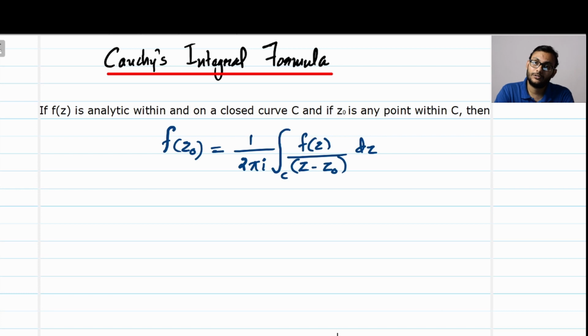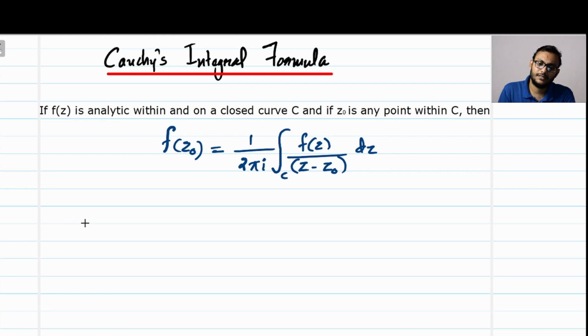But if we want to find the value of that function at a particular point within C, we can use the Cauchy's integral formula. And also if we know the value of that function at that particular point, then we can also find another integral which will be explained soon.